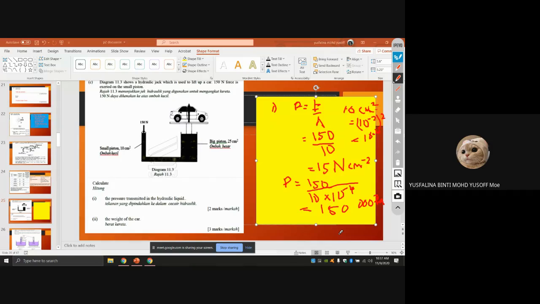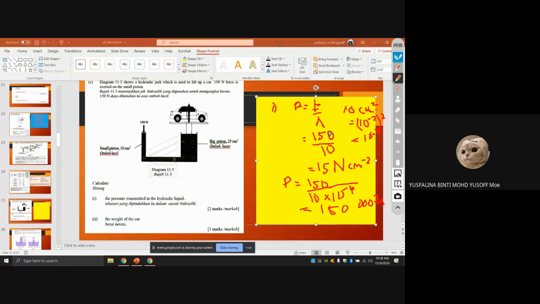So this is the pressure for this side. This one we use to calculate the pressure for the small piston, because this one is not complete, right? It doesn't give you the force here, so we use this side.